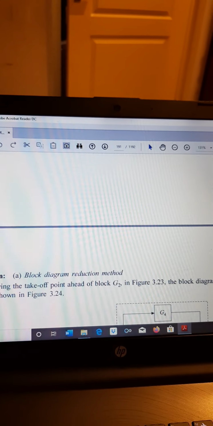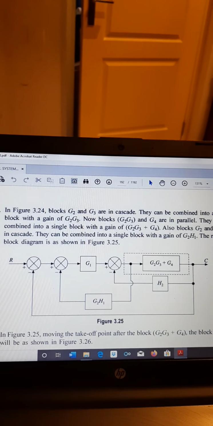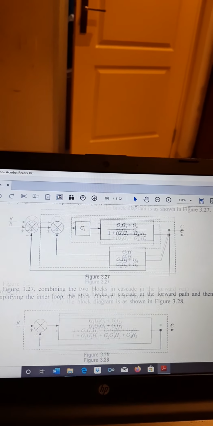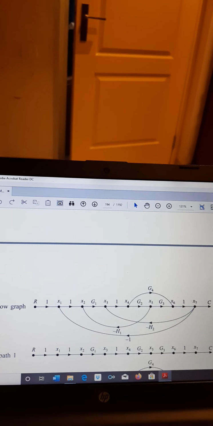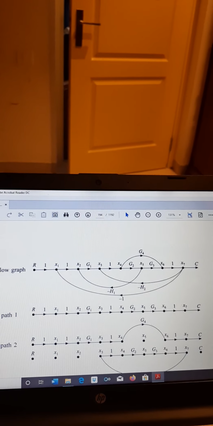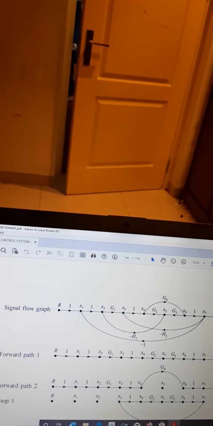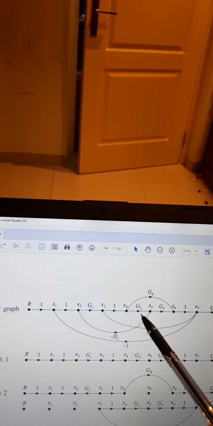All of you, now convert the block diagram into a signal flow graph. It is not very tough. If you observe clearly, you can see the signal flow graph you are getting like this. So here G4, then G2, G3, here it is 1, here it is 1.